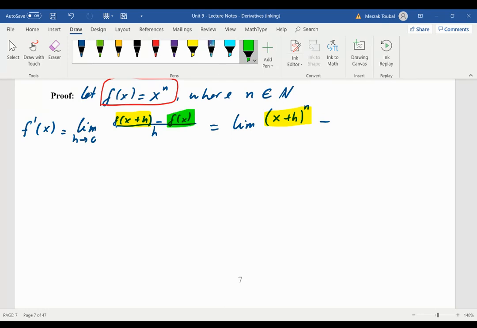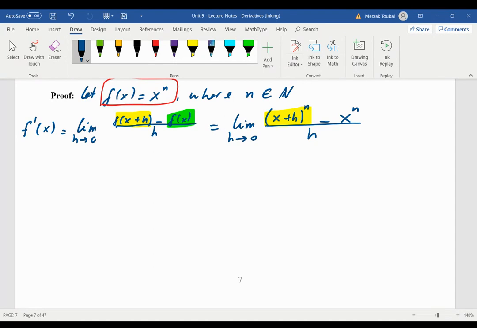What is f of x? It is simply x to the power of n. All divided by h as h approaches 0.